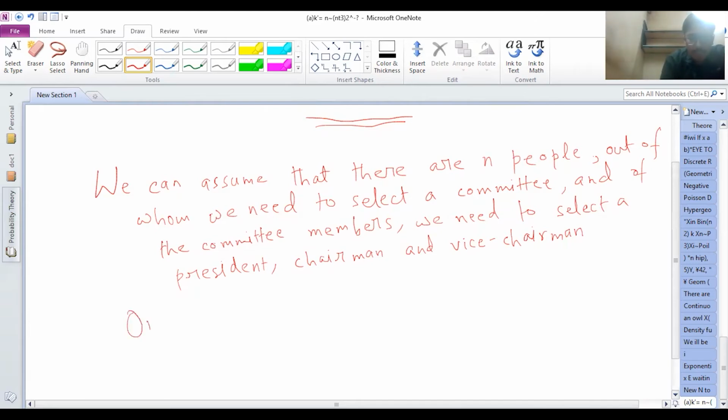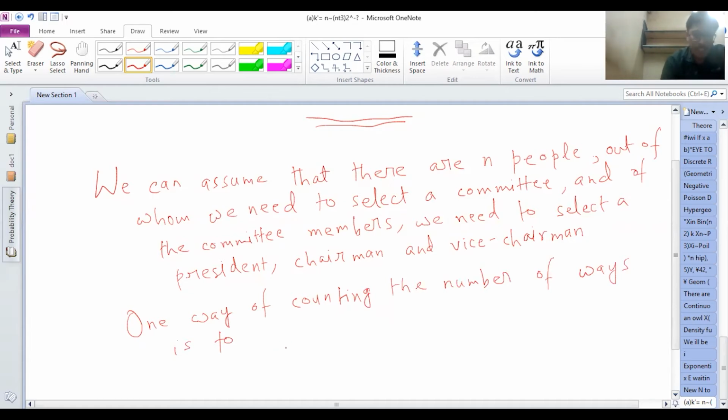One way of counting the number of ways in which the above can be achieved is to first choose a committee of k members and then select the chairman, vice chairman, and president from among them.